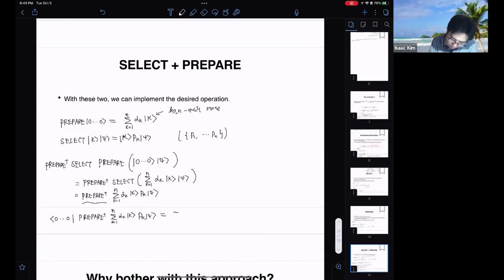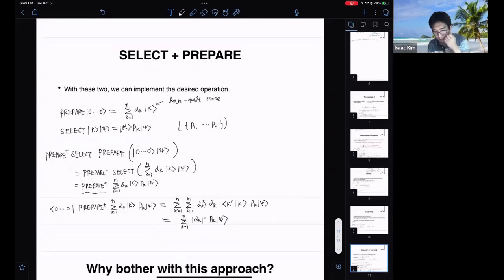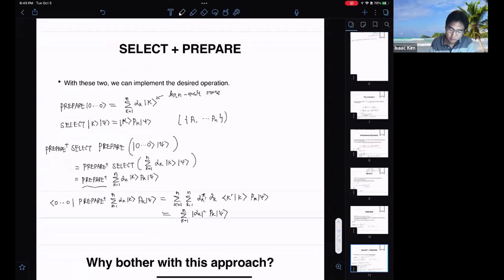And that is, of course, equal to this. Okay, so this is what we got.